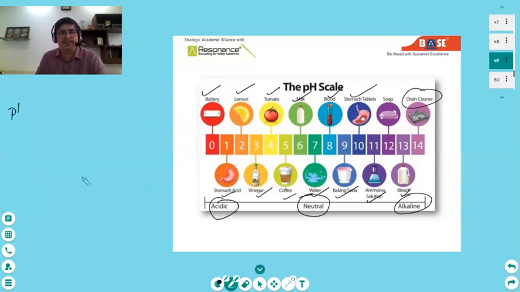For example, 2 years back on the same date, that is 2nd of July, I got a severe toothache. I had an infection in my gum, so I had to undergo RCT, that is root canal treatment. Then my dentist explained that we get pain due to many reasons, but two reasons are there: one is infection and one is cavity. If your mouth pH falls below 5.5, then cavities will form.